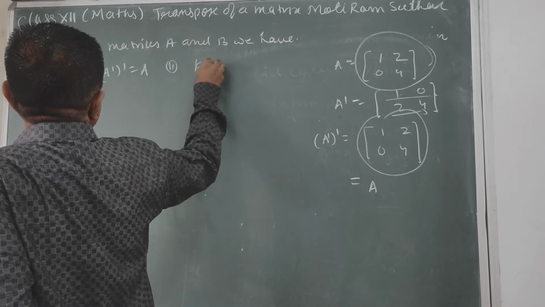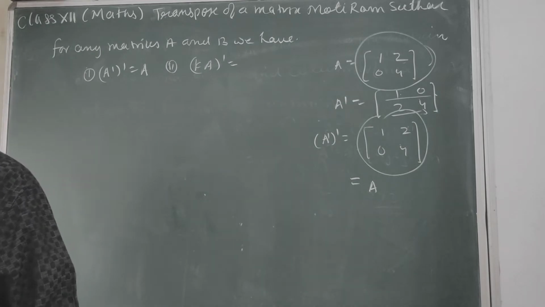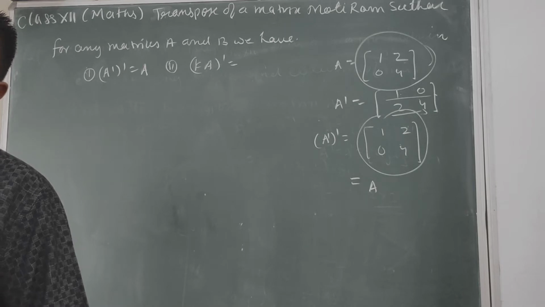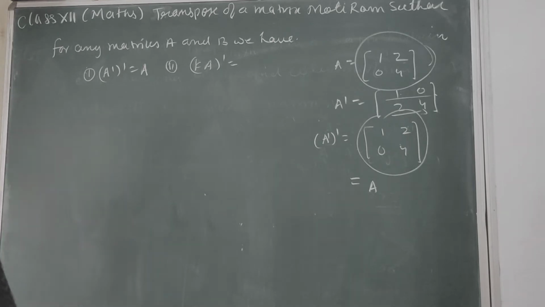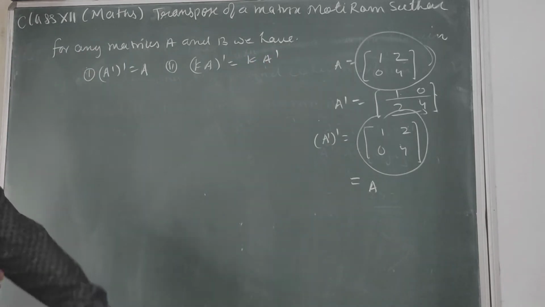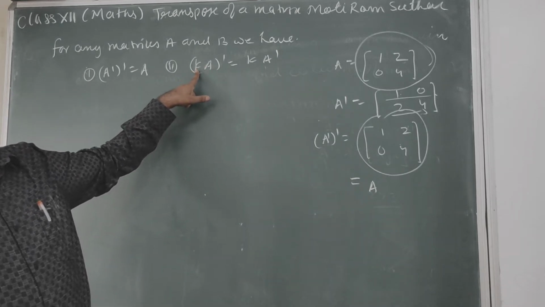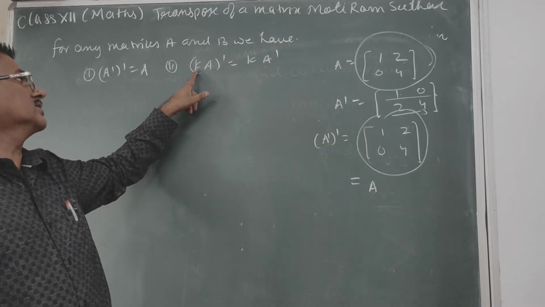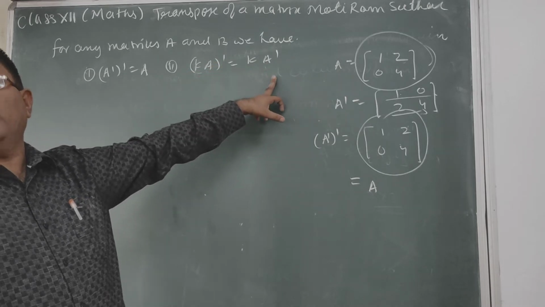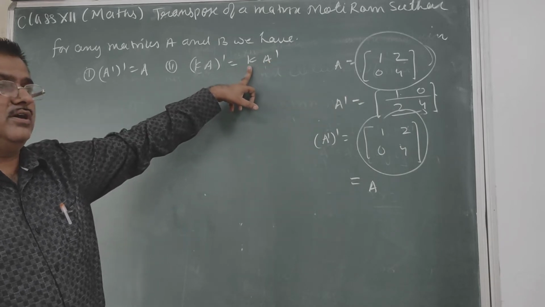Second, suppose any scalar is multiplied by the matrix, then the transpose of the product of a matrix and a scalar is equal to that scalar into the transpose. So whenever you find the transpose of a matrix along with a scalar, either first you multiply that scalar by the matrix, then find the transpose, or first you find the transpose of that matrix and then multiply with the given scalar.